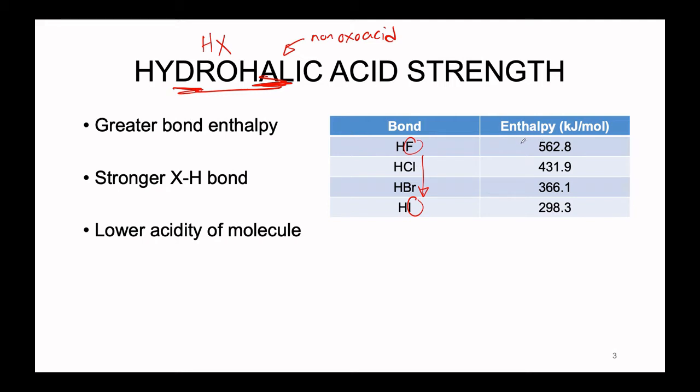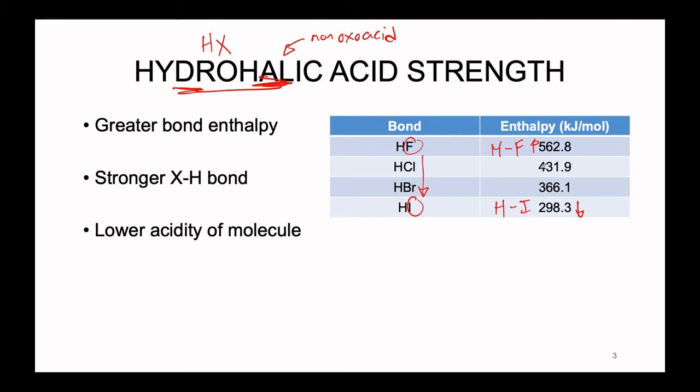So the bond enthalpy between hydrogen and fluorine is very high, versus the bond enthalpy between hydrogen and iodine, conversely, is very low. And we see that there is a steady decrease from fluorine to iodine down this table.